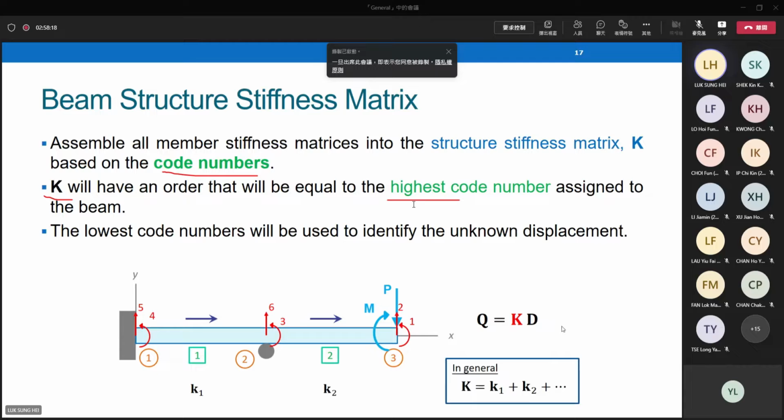It will look in this way: force equal to stiffness times displacement vector. The formulation is quite similar to truss. The K is equal to a sum of all element matrices together. In this case, we have two element matrices. Add them up together according to the code number, according to the positions.